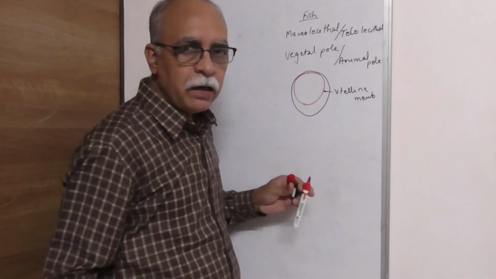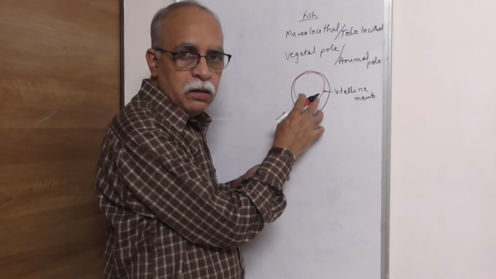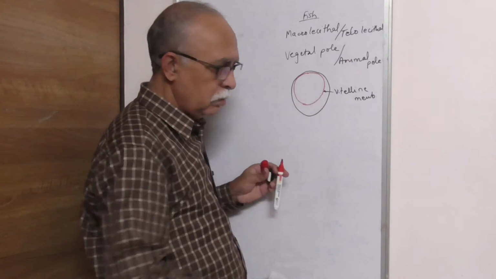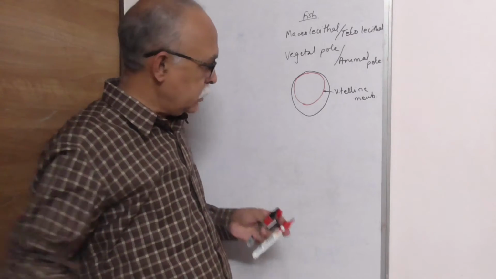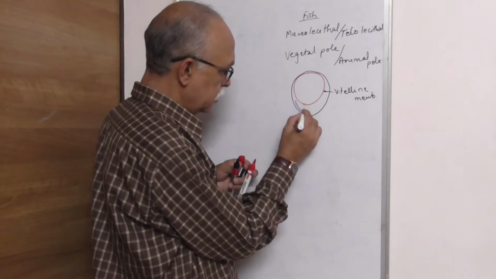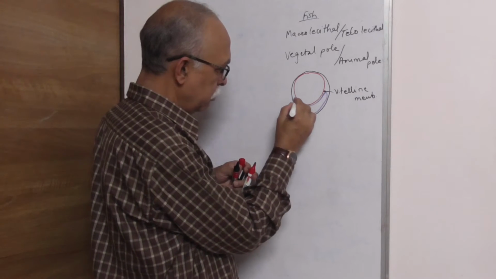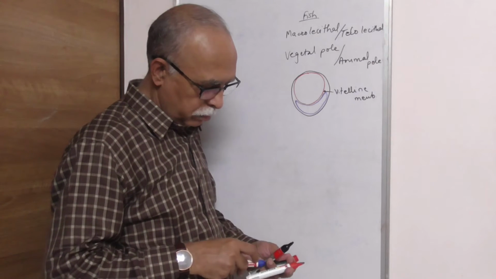This will contain even fat globules in it. This is the actual cell. You can almost call it the animal pole-like region. Here is where the embryo would be formed. The embryo would be formed in this region predominantly.